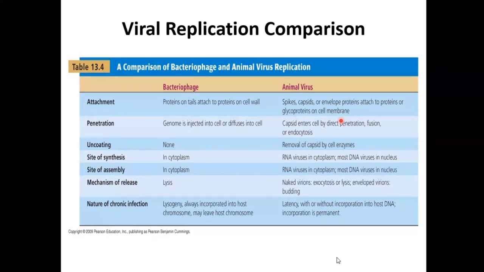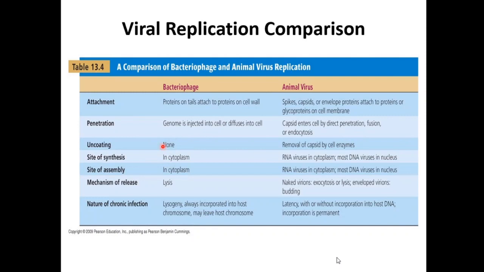For entry, the genome is injected into the cell or diffused into the cell, so there is no entry of the capsid. In an animal cell, the capsid just gets in by direct penetration, fusion, or endocytosis.